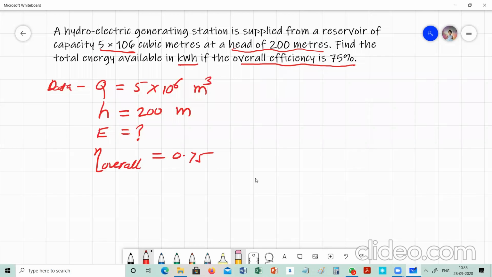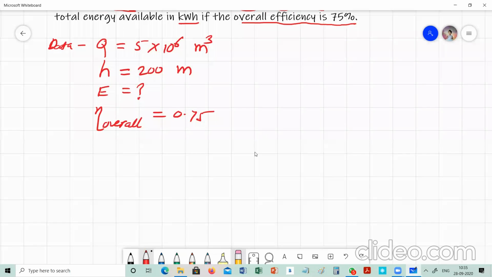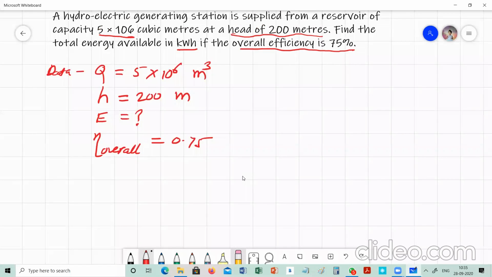Okay, we know what overall efficiency is. For example, if we consider the hydroelectric power plant, the stages are: the dam is erected there, and the reservoir is formed.